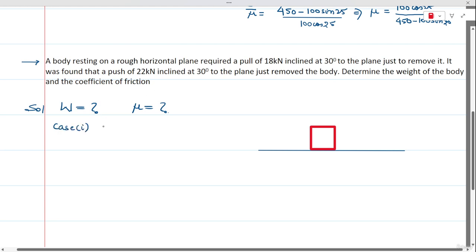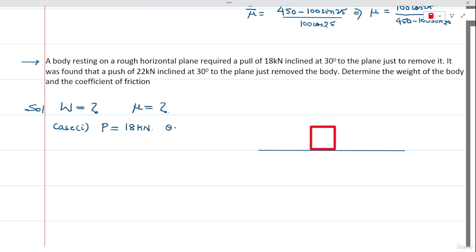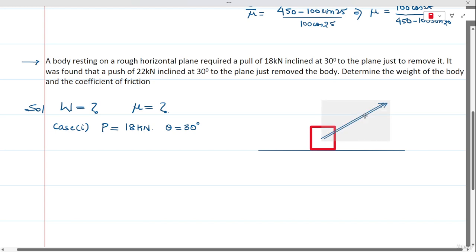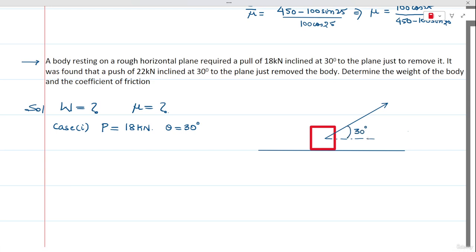When P is equal to 18 kilonewton and theta here is 30 degrees. Let's say the force P is acting like this. It is passing through the center of the block and it is making an angle of 30 degrees with respect to horizontal. This is P and it is a pull force we are considering.